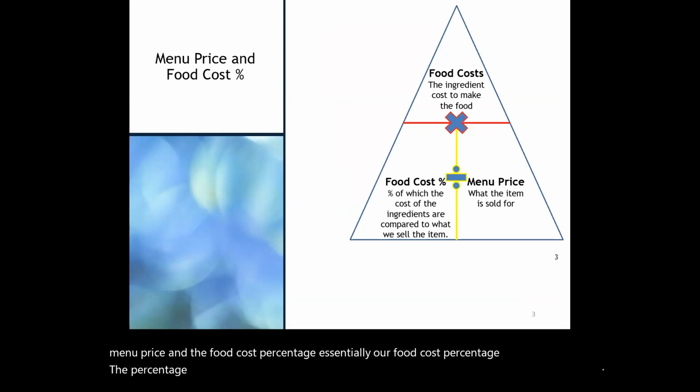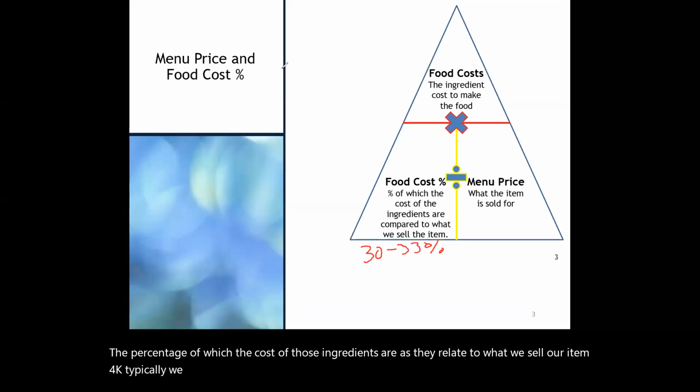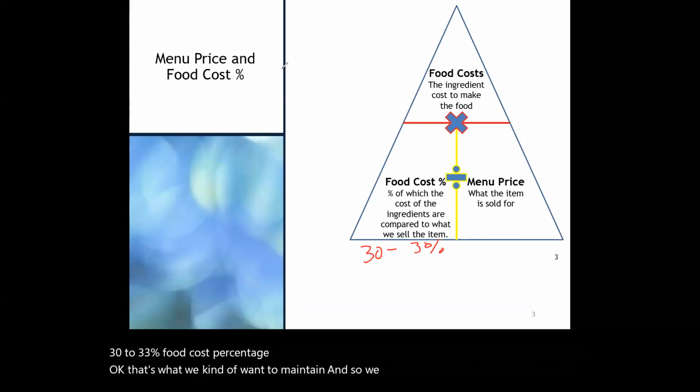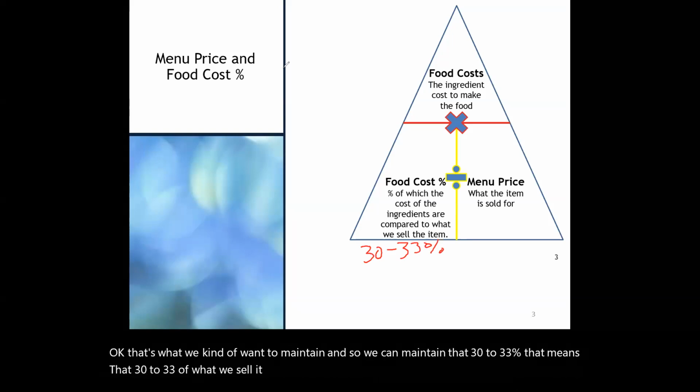Typically, hotels and restaurants in general are looking at anywhere between a 30 to 33% food cost percentage. That's what we want to maintain. If we can maintain that, it means that 30 to 33% of what we sell it for just covers the cost of the ingredients to make it.